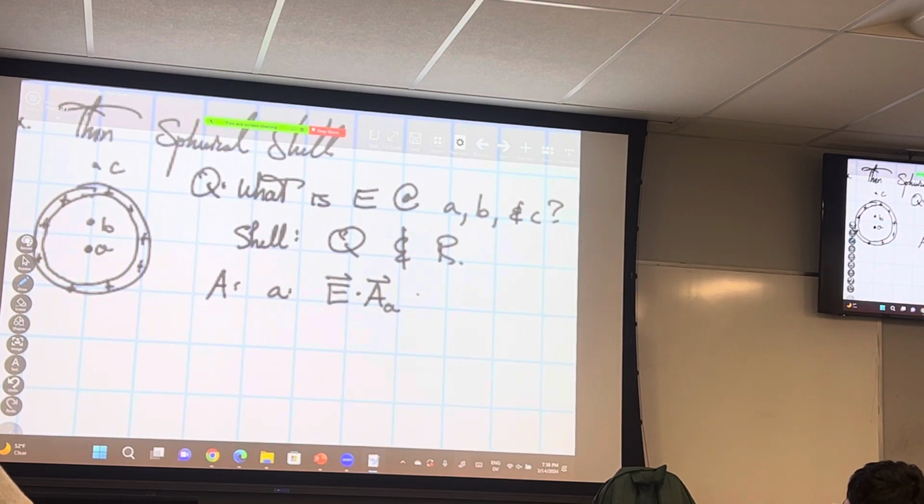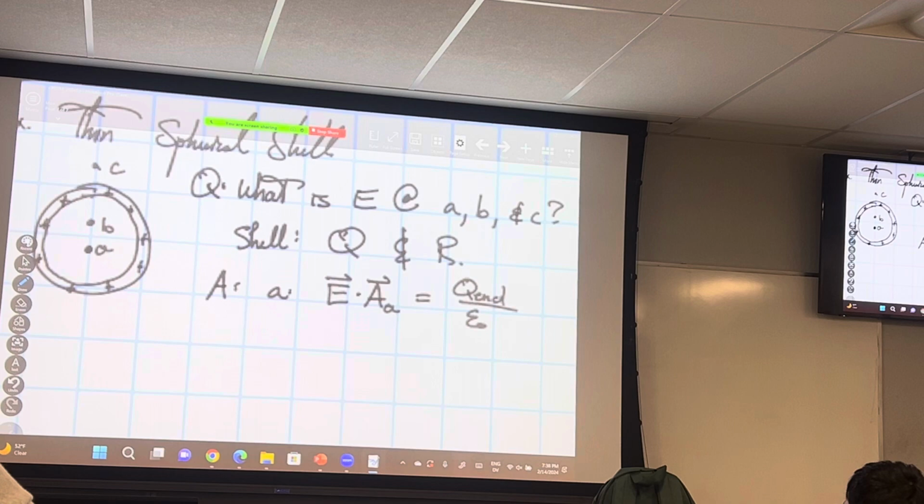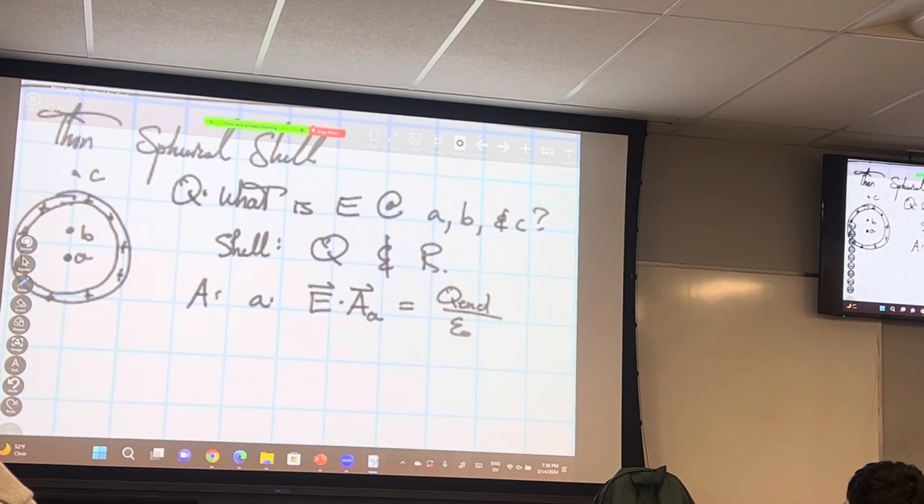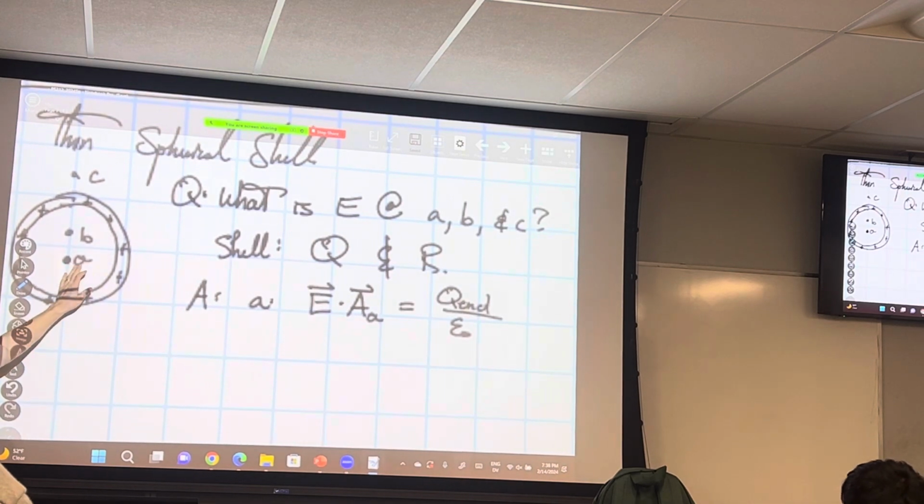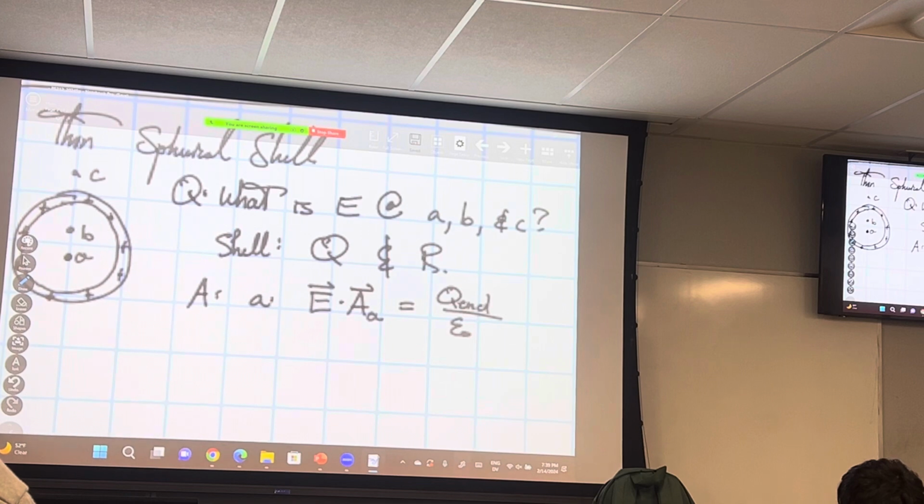So that's E dot A, which is equal to Q enclosed over epsilon naught. Inside this infinitely small sphere, what is Q enclosed?